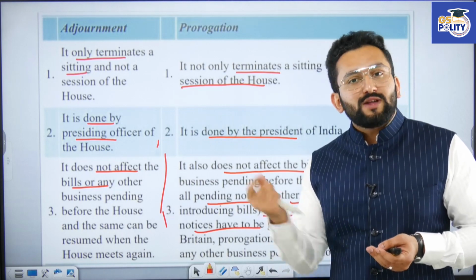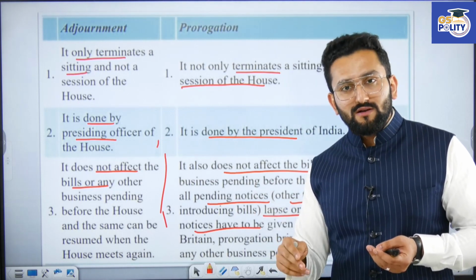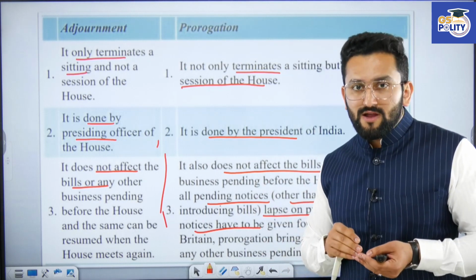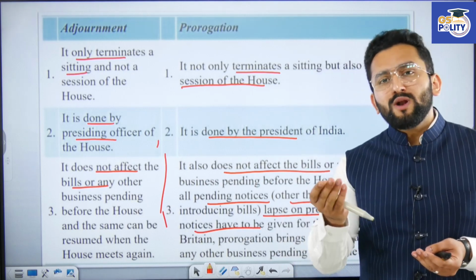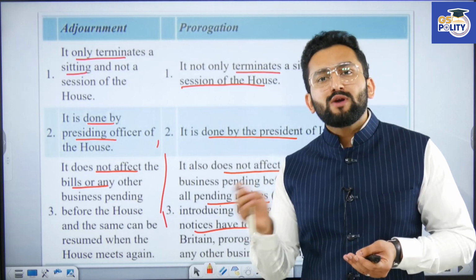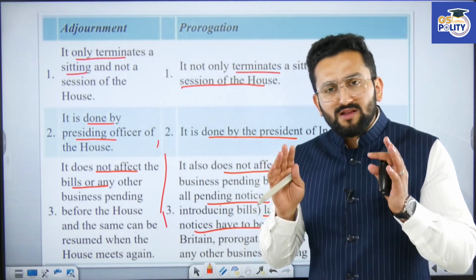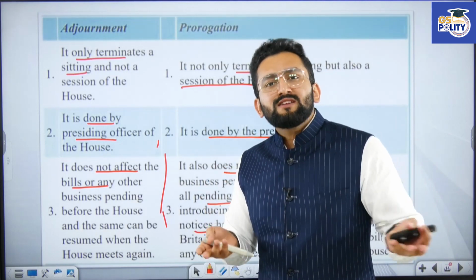The session starts today, right? And after 2 days, the session got adjourned for say 5 hours, right? And on the first day, the speaker issued one notice to you. After this adjournment, when you came back, you cannot say, sir, I'm not going to listen to your notice, because the notice got lapsed after adjournment.